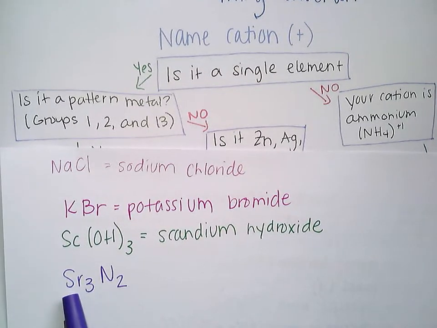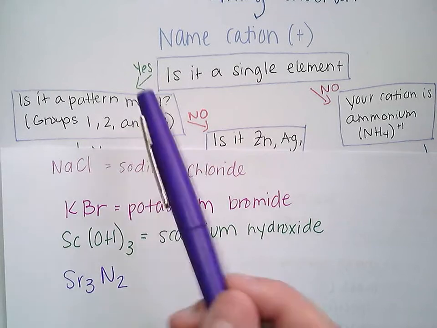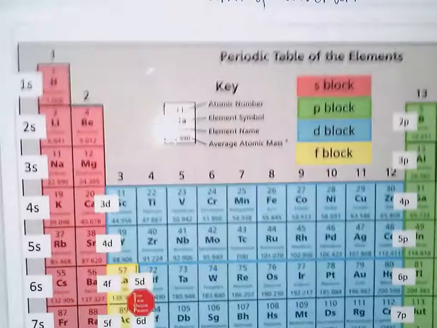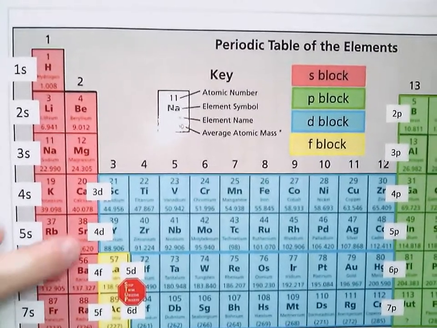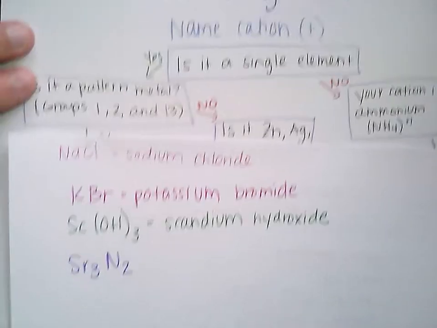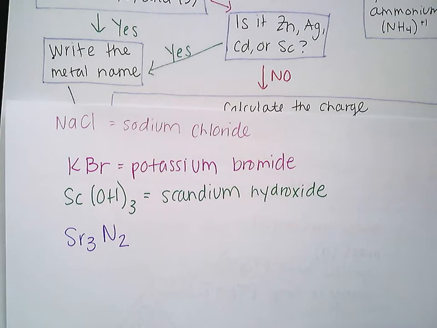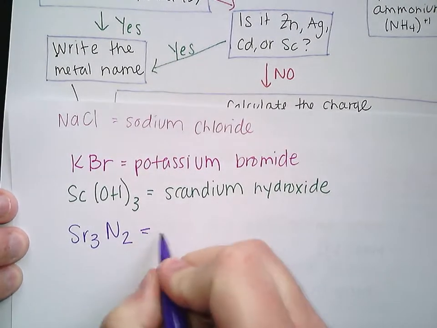So we're talking about just Sr here, so yes it is. My next question, is it a pattern metal? So I'm going to find Sr on my periodic table. It's in group 2, so yes it is a pattern metal. So I'm just going to write the metal name. So Sr is strontium.